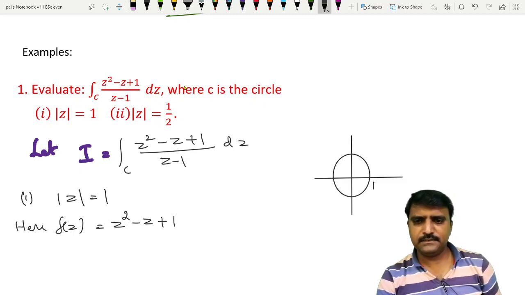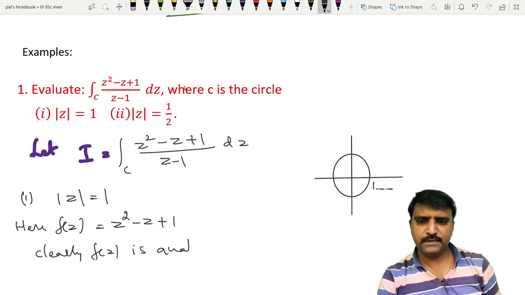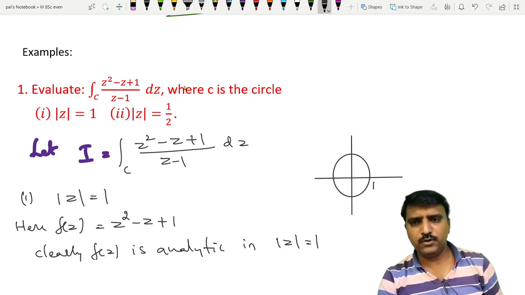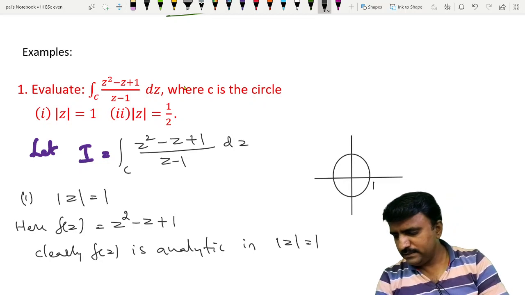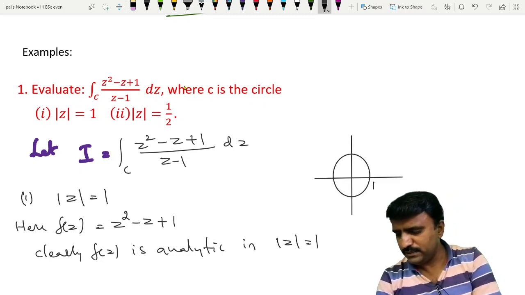Clearly f of z is analytic in the circle mod z is equal to 1.